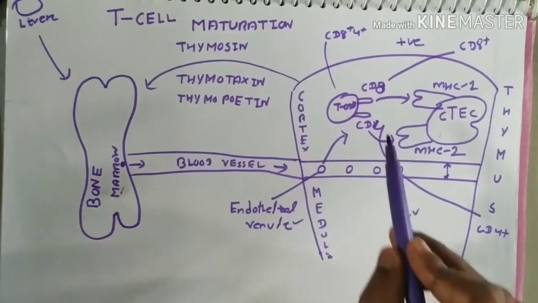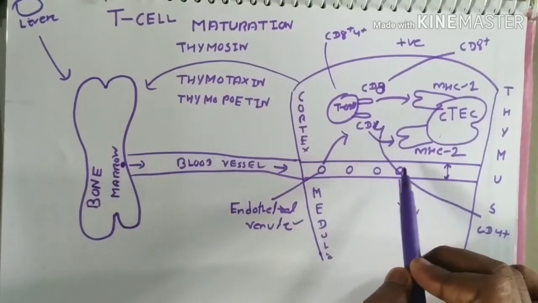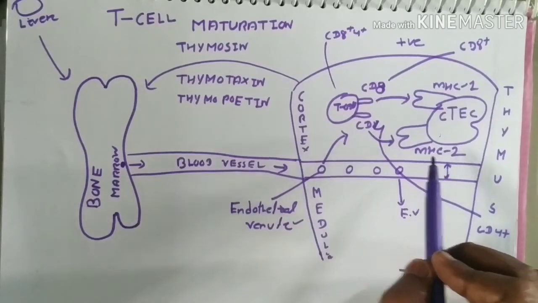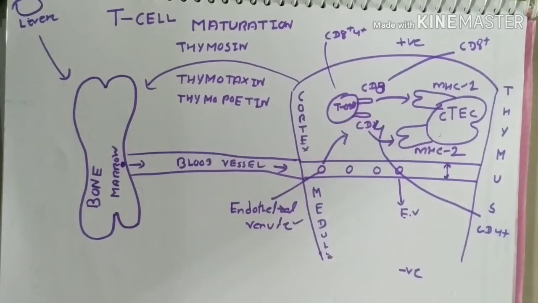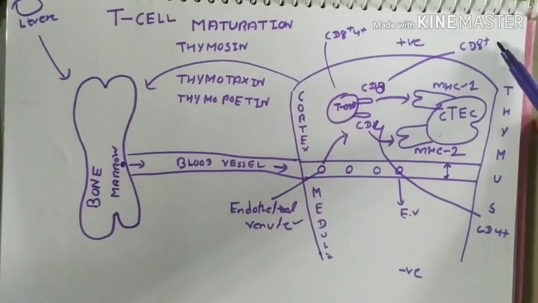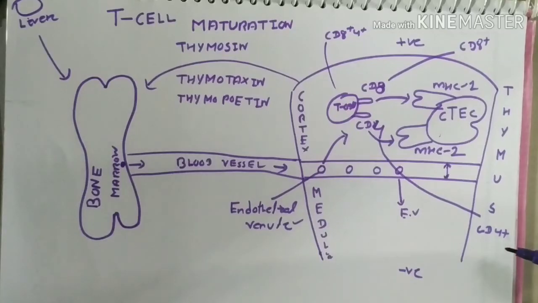Either CD8 will bind to MHC1 or CD4 will bind to MHC2; there is a 50% chance that either this will happen or that will happen. After that, a CD8 plus or CD4 plus cell line will be formed, and they will give rise to either the cytotoxic T cell or the T helper cell. Thank you. In the next video, we will be talking about negative selection.